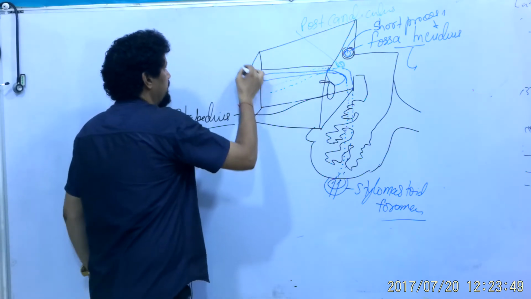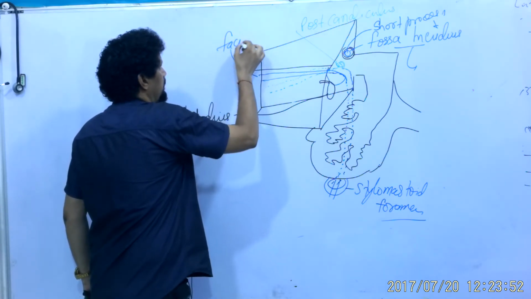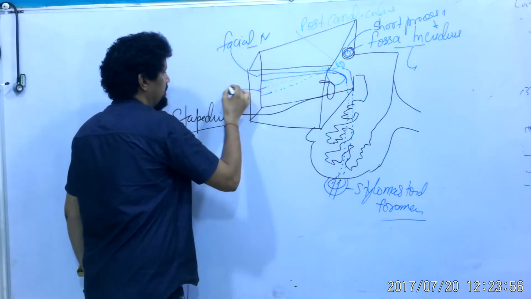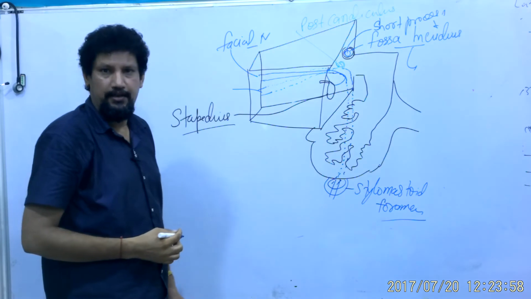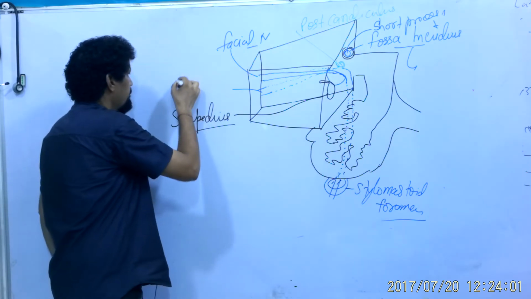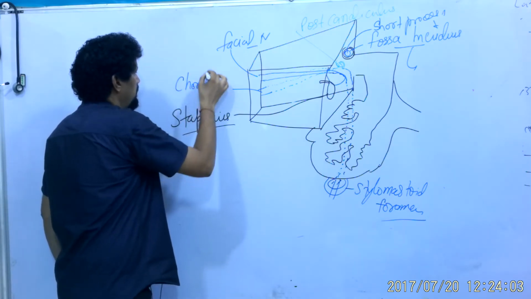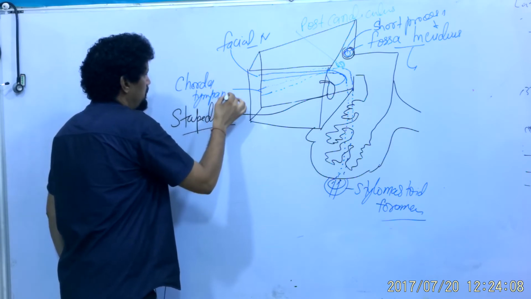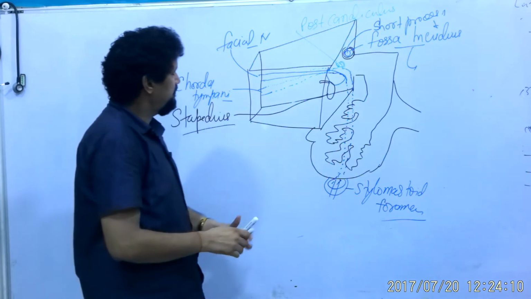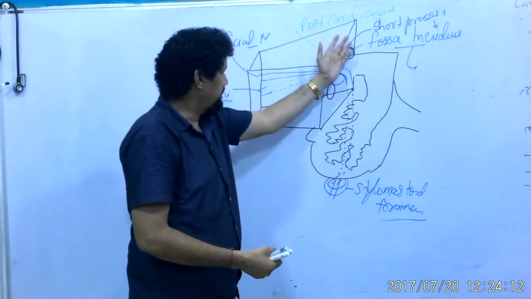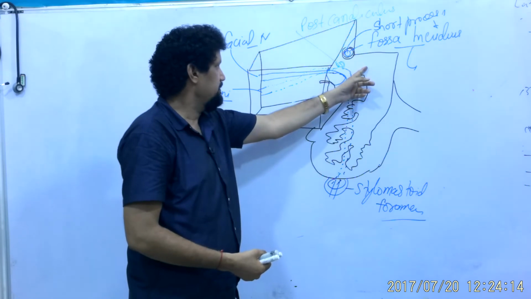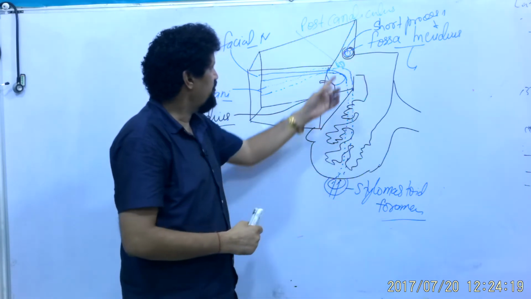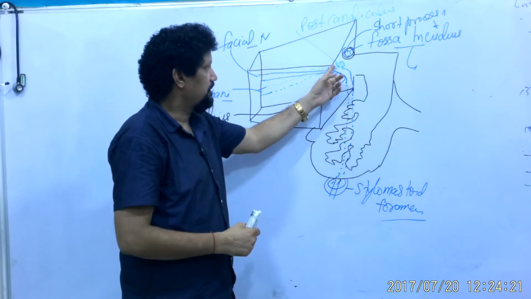So this is the facial nerve and this is the chorda tympani. So there are four modifications in the posterior wall: the aditus, the fossa incudis, the pyramid and the posterior canaliculus.